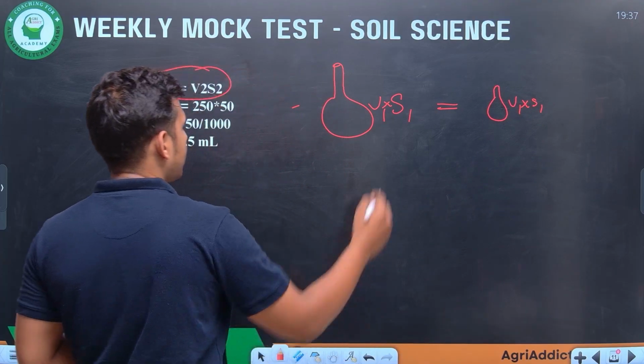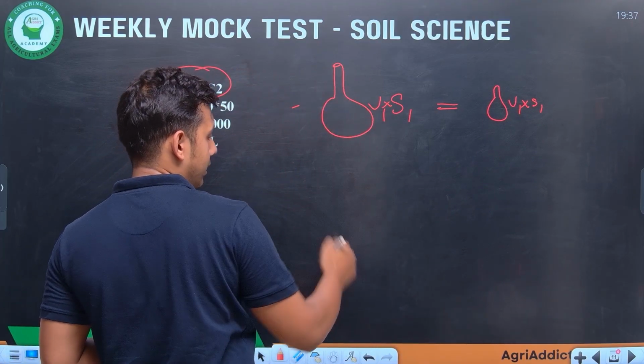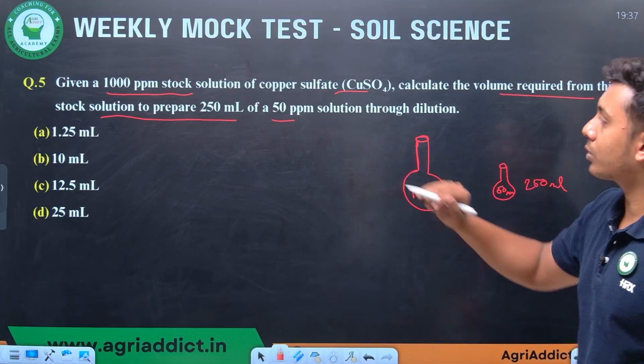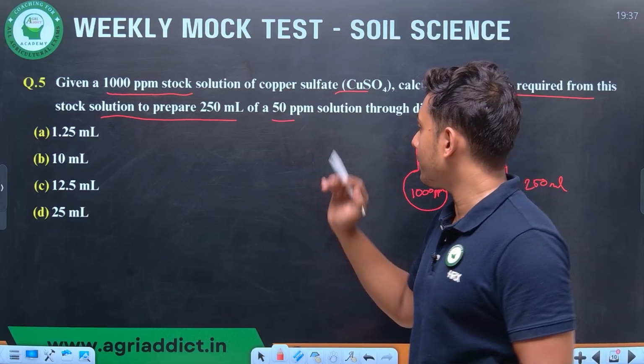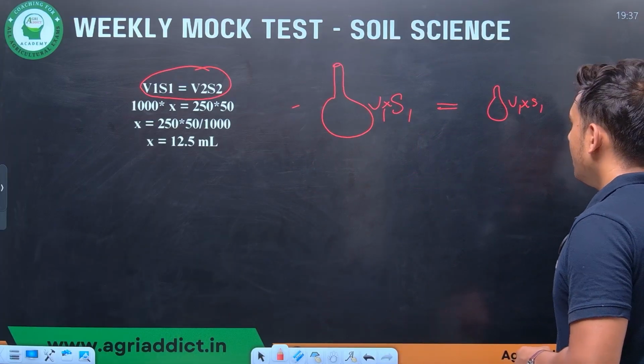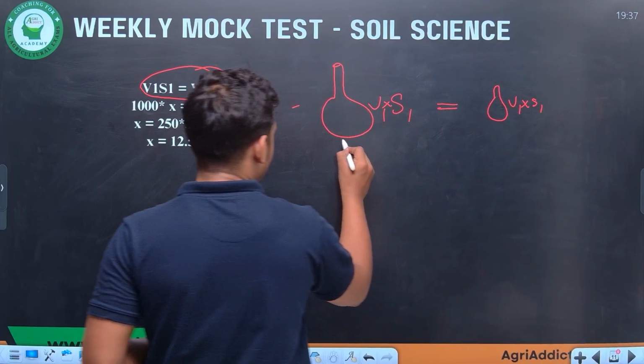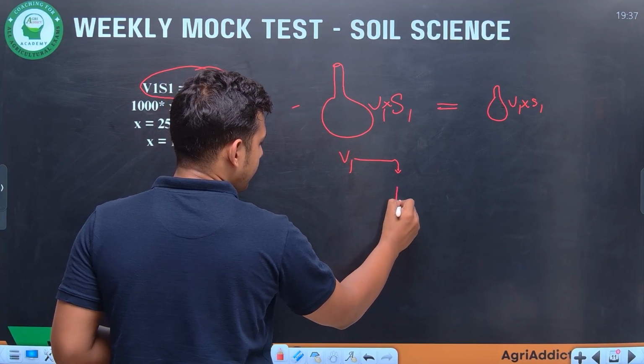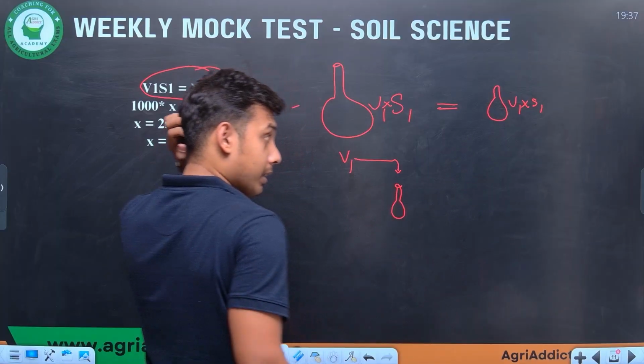So here the volume of the stock solution is what the question asks. Calculate the volume required from the stock solution to prepare the 250 ml 50 ppm solution through dilution. So first we have to take some amount of volume into this flask of 250 ml, right?